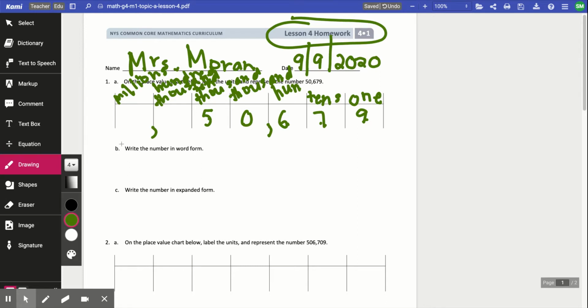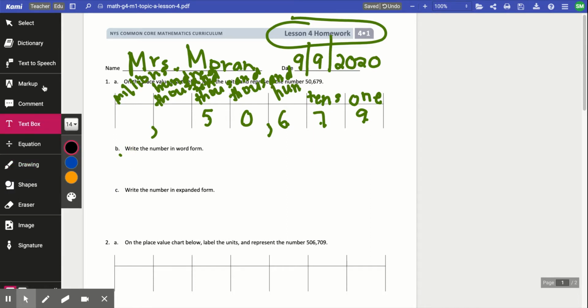Okay, now I have to write it as a word form. Word form means we need words and letters and all the good things. So I am going to actually choose to use a text box.